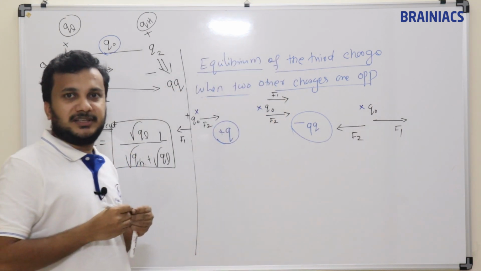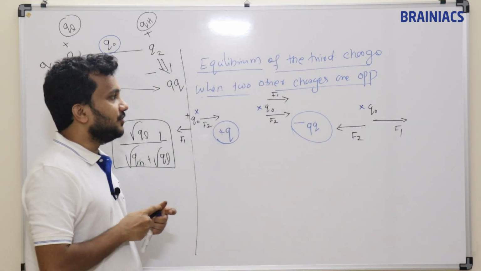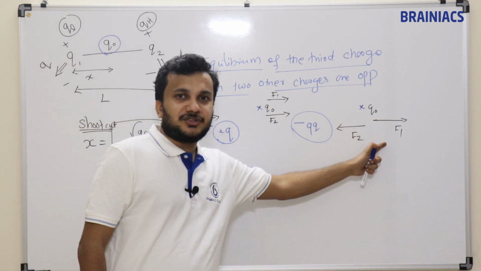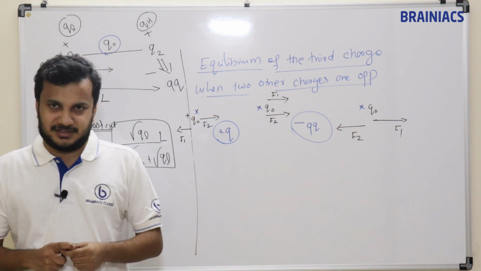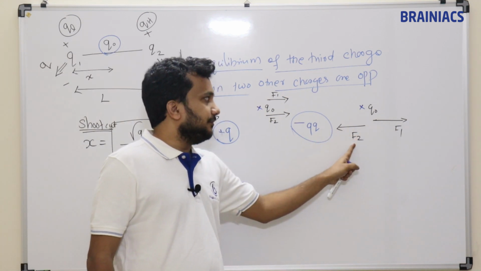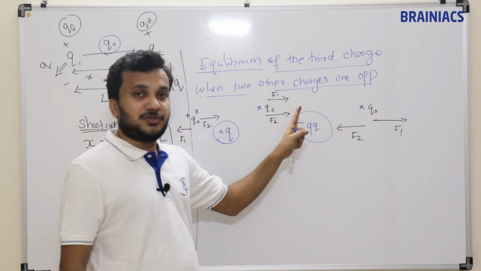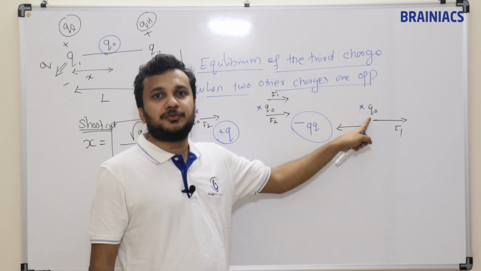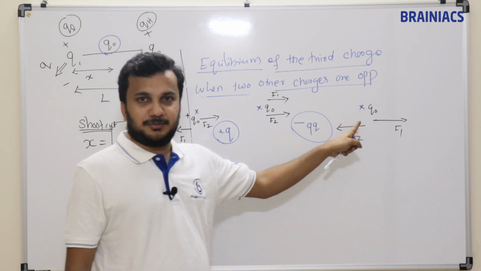Here also you can see two forces acting in opposite direction. So is equilibrium possible here? Yes, there is a chance of equilibrium when F1 equals F2. If they are equal, this charge can't move, this charge is in equilibrium position.